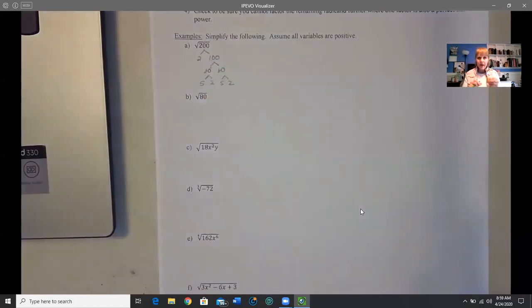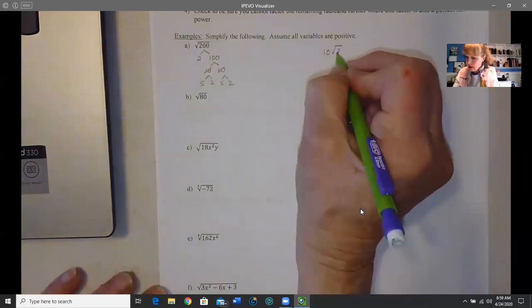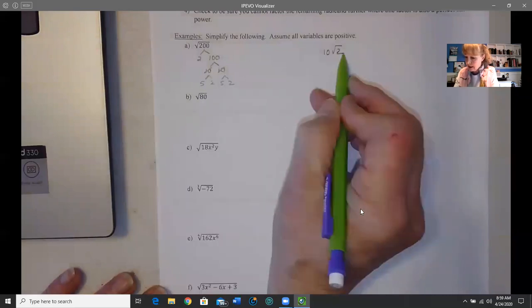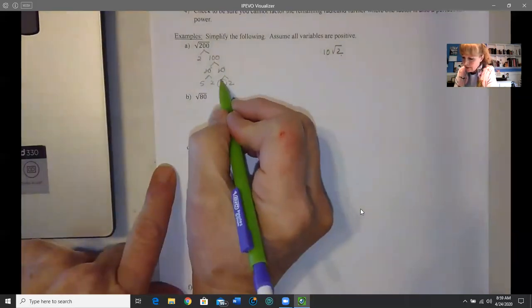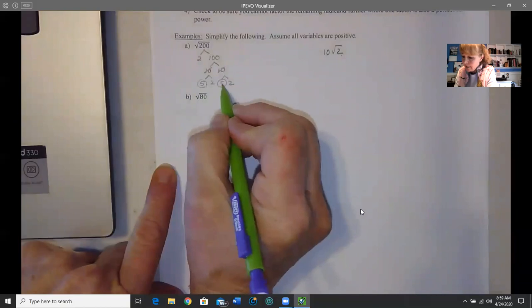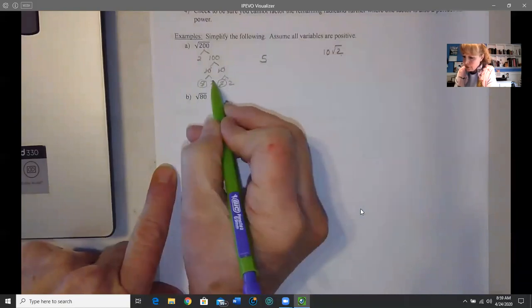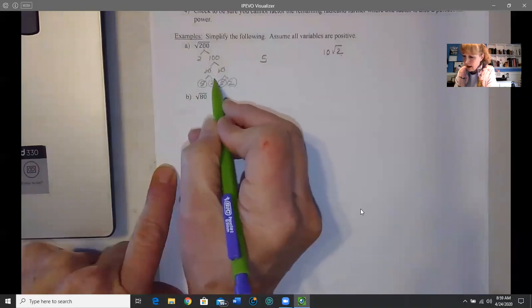I'll explain my last statement, what I meant by that. We do know that the answer is 10 square roots of 2, just from this last section here. I had 2 10s, they come out, that 2 stays. But if you didn't and you broke it down further, I have 2 5s, so the 2 5s will come out. I have 2 2s. Whether or not you use these 2 or these 2, it doesn't matter.